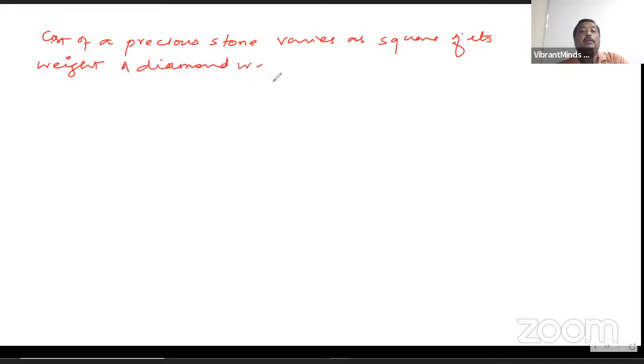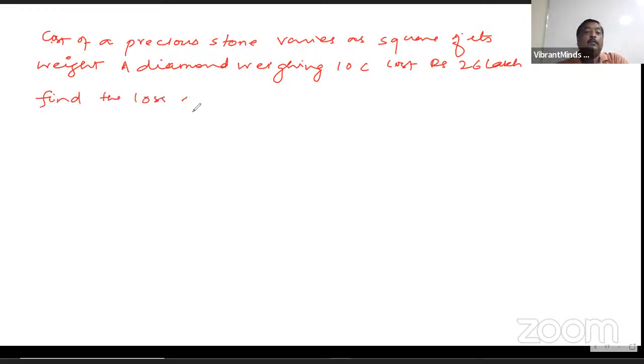A diamond weighing 10 carat costs rupees 26 lakh. Find the loss in value when it is broken in ratio 3:2.